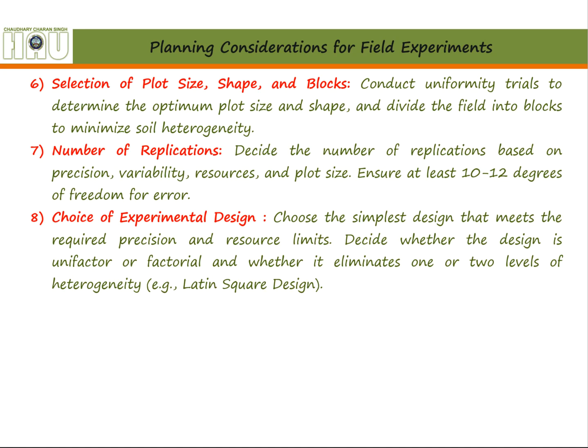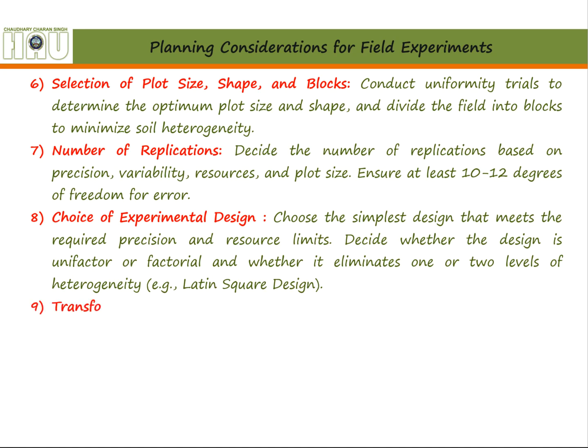Depending upon your field condition and how many factors you want to study in an experiment, it may be unifactor, meaning a single factor experiment, or a multi-factor experiment, which comes under the category of factorial experiment. Or if your field has, say, a fertility gradient in an unknown direction, then you want to remove two-way heterogeneity. Under such a condition, we should use Latin square design. We will discuss all these things when these designs are studied.